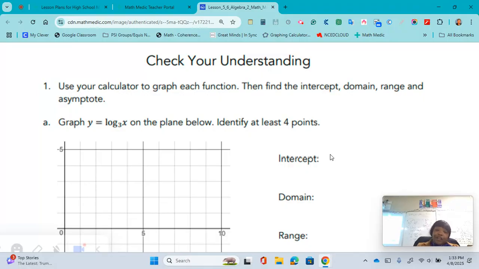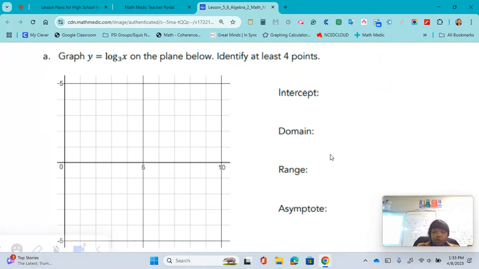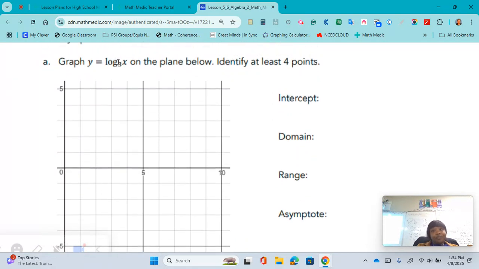Use your calculator to graph each function. Then find the intercept, domain, range, and asymptote. We don't need a graphing calculator, we know. So, log base 3. Log base 3 of 3: 3 to what power would give me 3? 1.